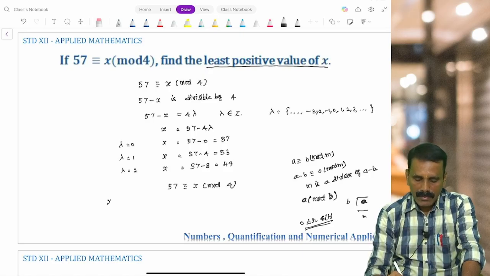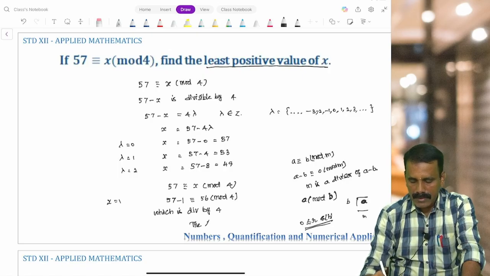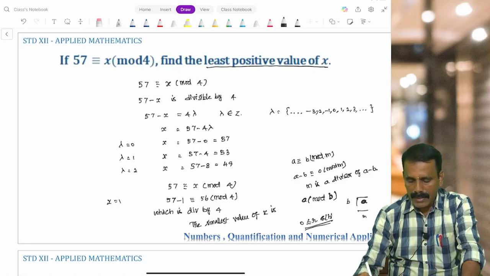When you take x equal to 1, what will happen? 57 minus 1 is equivalent to 56 mod 4, which is divisible by 4. The smallest value is x is 1.